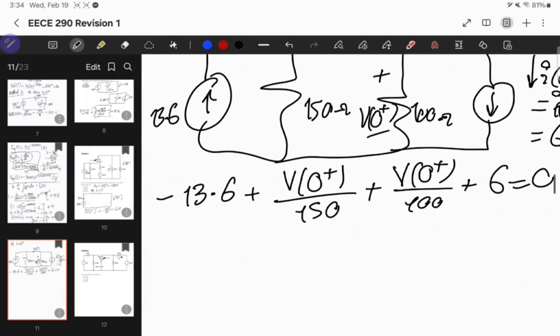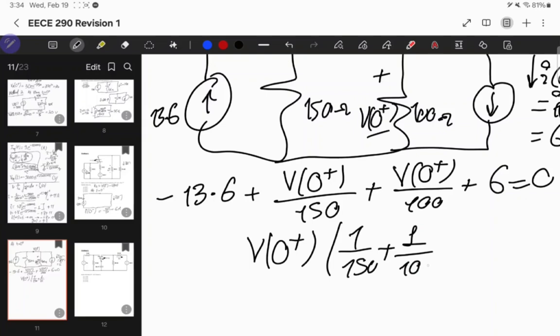Now I can solve the equation for V0 plus. So 13.6 minus 6, V0 plus times 1 over 150 plus 1 over 100 is equal to 7.6.